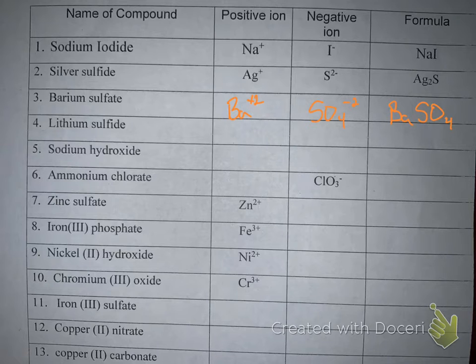Now, zinc is one of the transition metals that always has the same charge. So you'll notice there's no Roman numerals right there. Now, sulfate is SO4, and this whole thing has a -2 charge. +2, -2 charge, cancel each other out, no need to cross over, so I'm just going to stick them together. So it's ZnSO4.